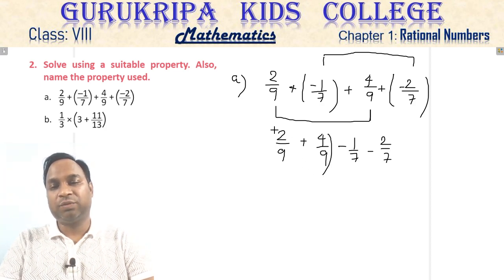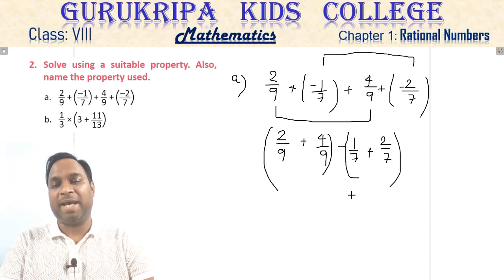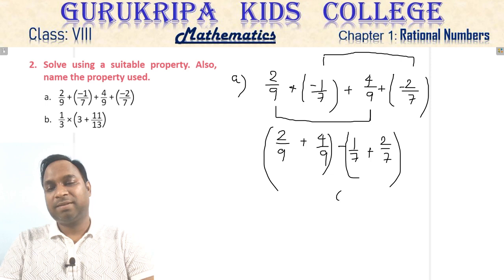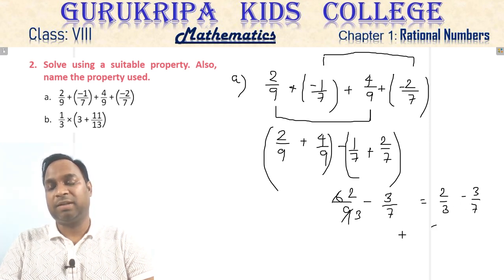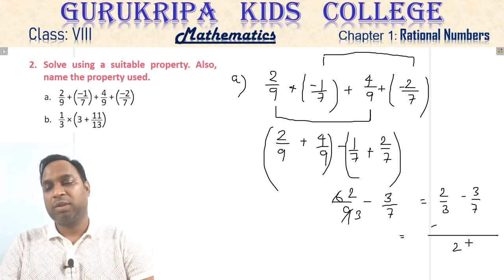We will add these two first and then we will add these two first. So what do we get? 6 by 9 minus 3 by 7. Now cancel this out. You get 2 over here, 3 over here. So you get 2 divided by 3 minus 3 divided by 7. Now take the LCM. 21.